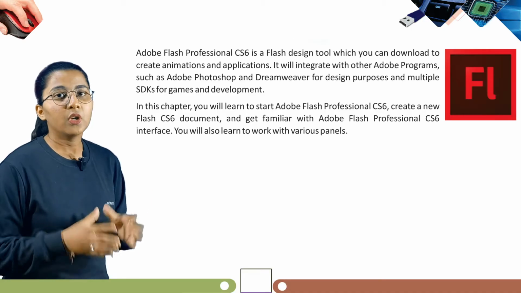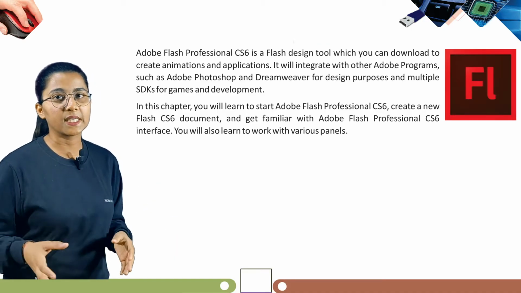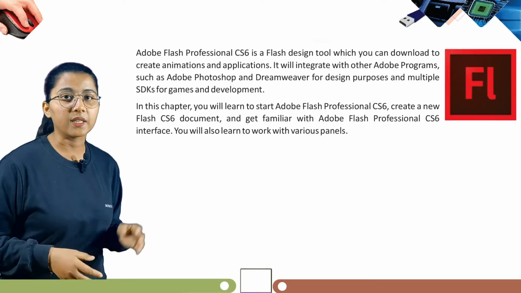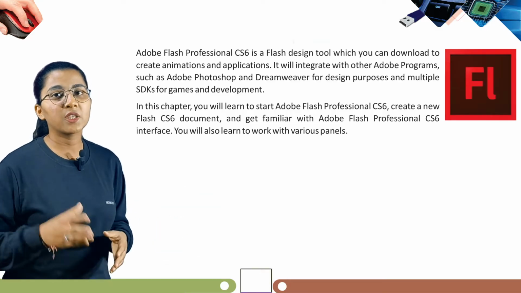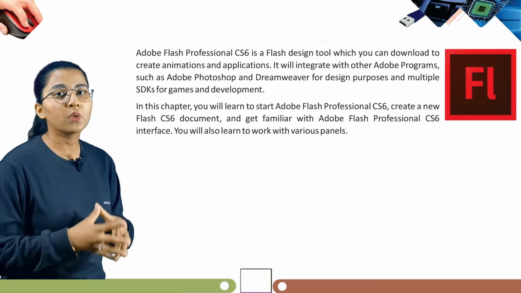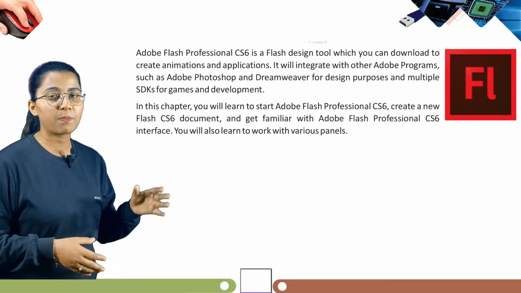In this chapter, you will learn to start Adobe Flash Professional CS6, create a new Flash CS6 document, and get familiar with the Adobe Flash Professional CS6 interface. You will also learn to work with various panels.